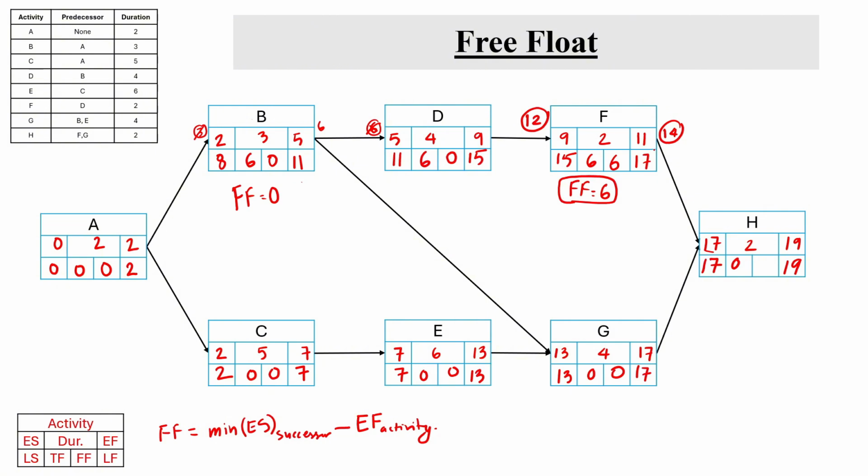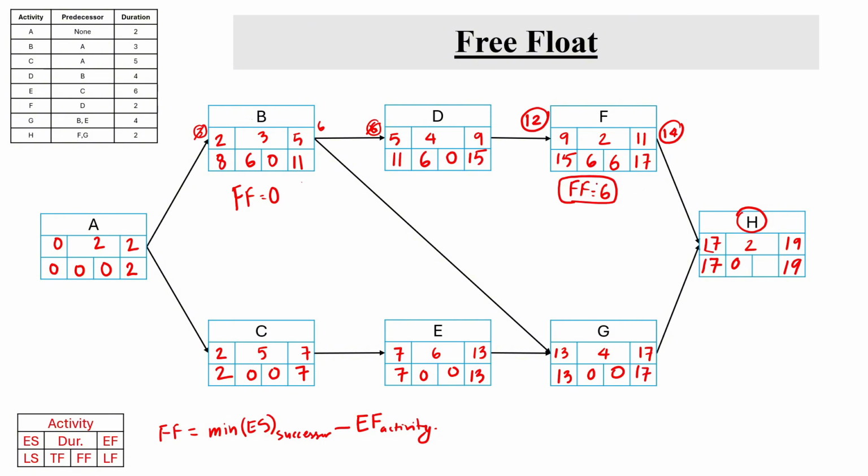End of day 14. However, activity H can only start after completing both activities F and G, right? So activity G cannot complete until end of day 17. So early start for activity H will be day 17. This is not affecting the early start, so it has the free float of 6 days.